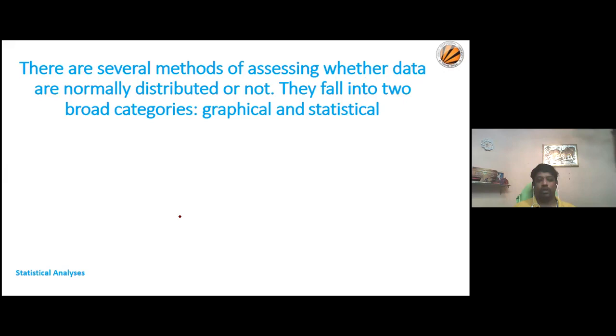Most of us, especially master's students, struggle with this. They should test the normality of your data, because it tells you whether you are going to use a parametric test.